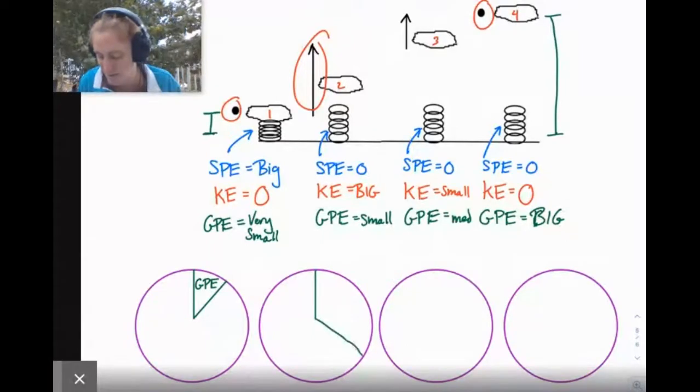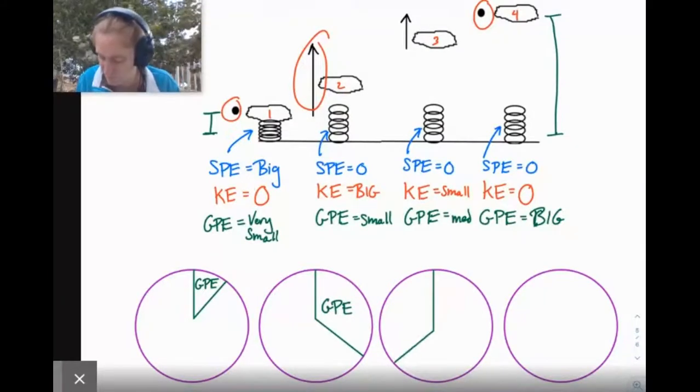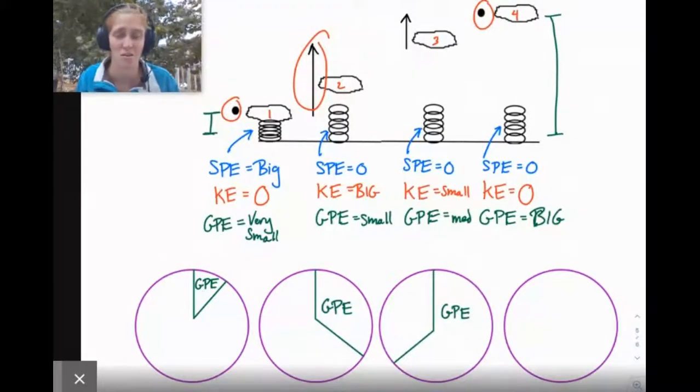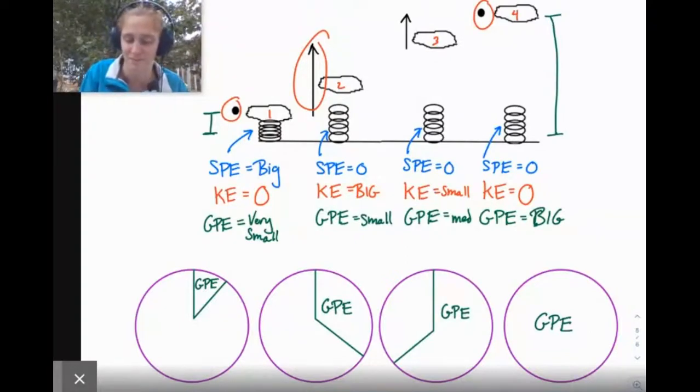So let's say it has this much gravitational potential energy. The next time it's quite a bit higher up. And for the last one, it's all the way up in the air. And there are no other kinds of energy, so I know that it must all be gravitational potential energy.